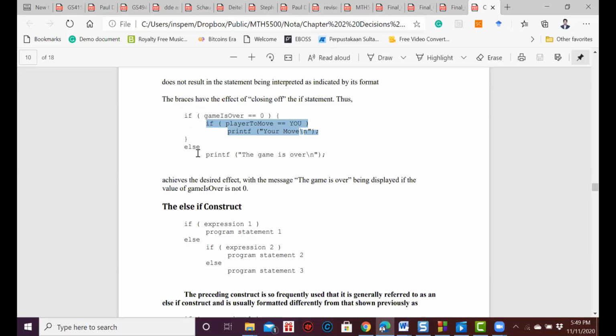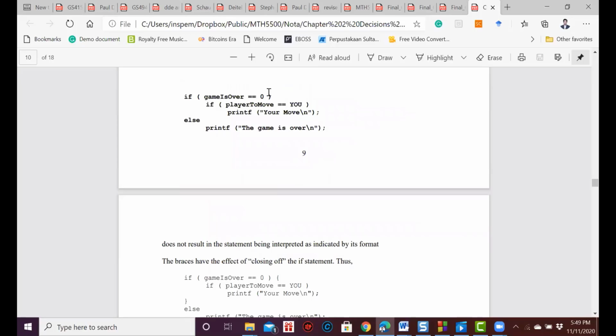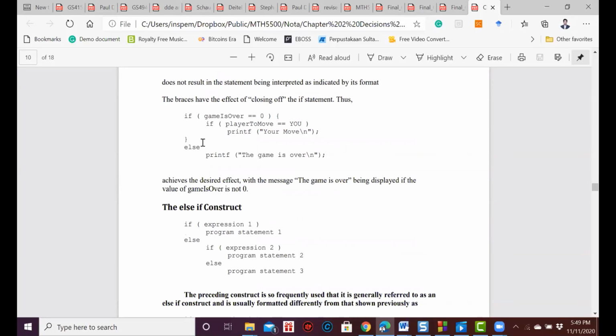So look at the difference: curly brackets and without curly brackets. Can you get what I mean, the function of curly brackets here?